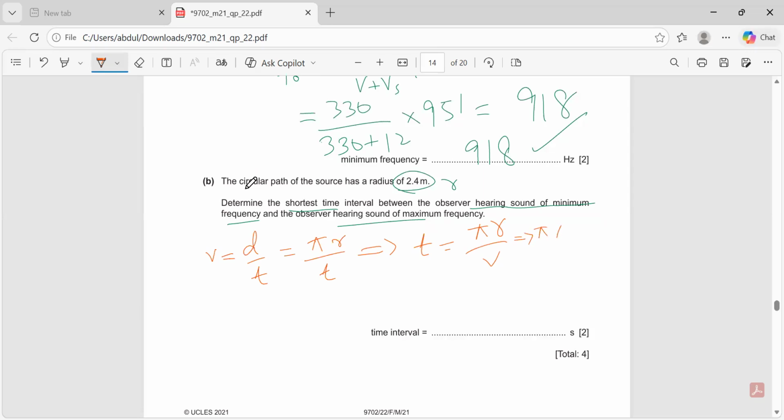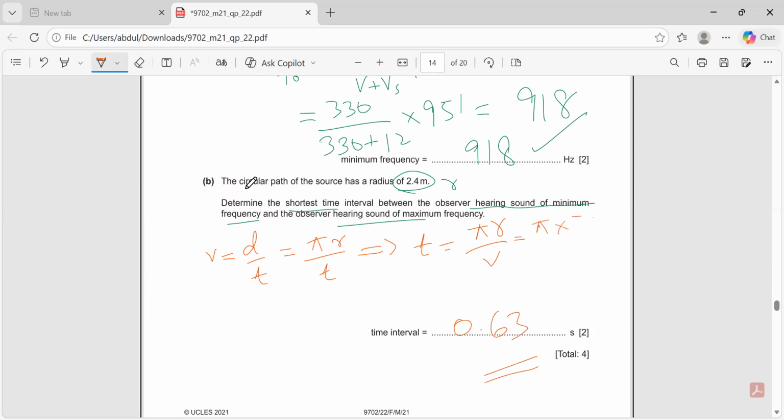Pi as it is, r is 2.4 in meters, divided by v, that is 12. As we simplify, my dear friends, the answer comes to be 0.63 seconds.